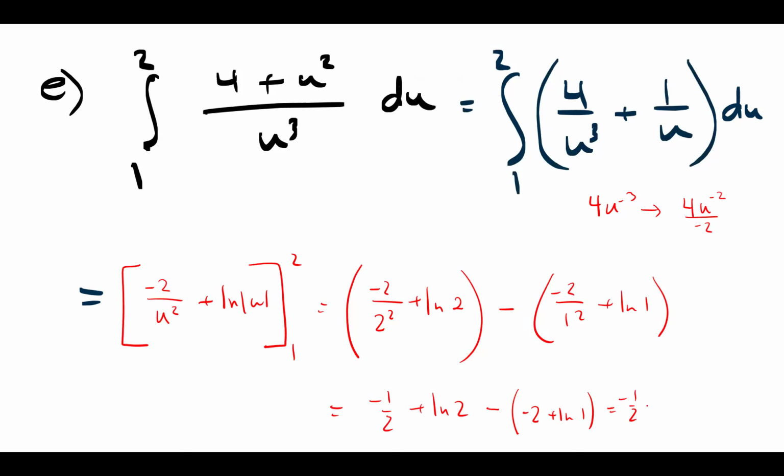So negative 1/2 plus ln of 2 plus 2 minus ln of 1. You add that into ln of 2 over 1. ln of 2 stays, ln of 1 is technically just 0, and then we have negative 1/2 plus 2, so 3/2. So I got 3/2 plus ln of 2 as our final answer.